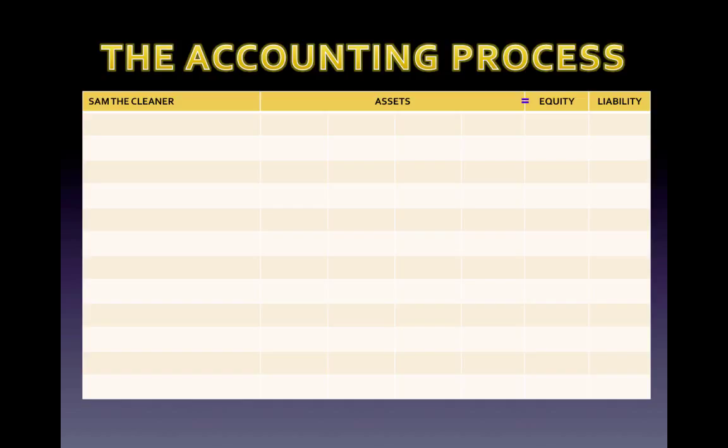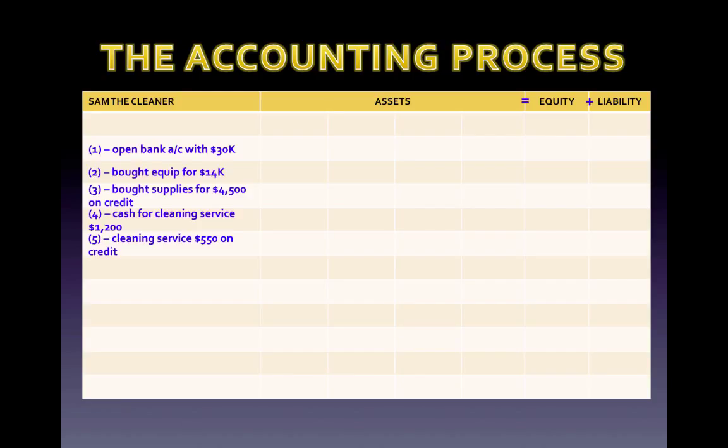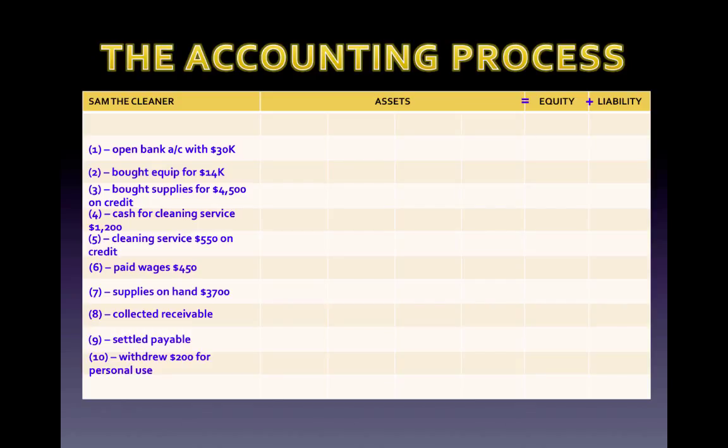And remember, the accounting equation is assets equals equity plus liability. So the transactions are as follows, which we have gone through in class. And what we want to do is to record their impact on the accounting equation.